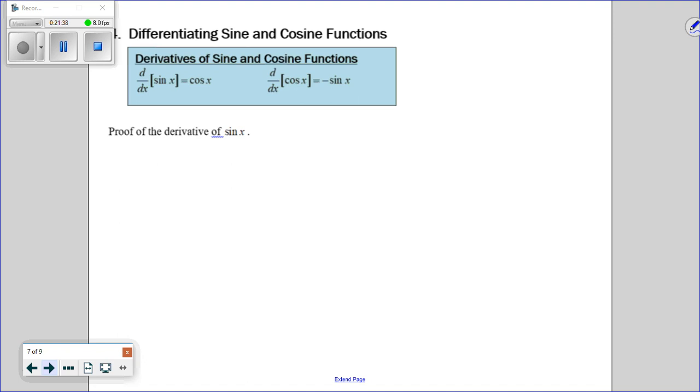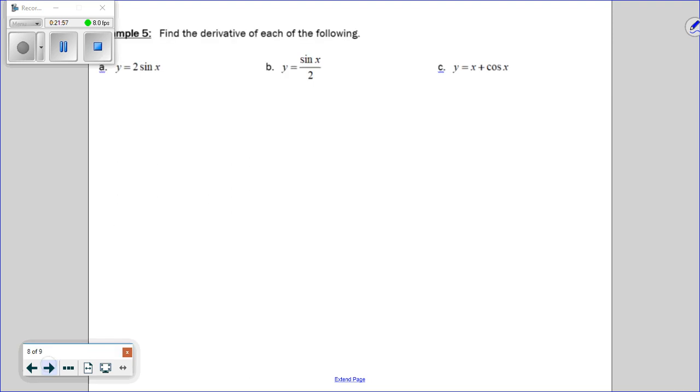Maybe if we have time in class one day, I'll show that to you. If you find the derivative of sine of x, it actually equals cosine of x. And the derivative of cosine of x equals negative sine of x. So they end up being each other's derivatives, which is pretty cool. But since the video is already kind of long, let's go ahead and jump to the examples.